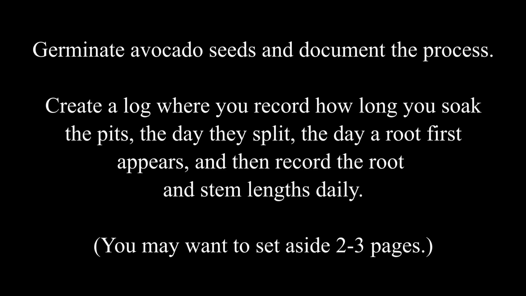The other journal activity that you can do is actually more of a little project. So germinate avocado seeds and document the process. Create a log where you record how long you soak the pits, the day they split, if you do that part, the day a root first appears, and then record the root and stem lengths daily. You may want to set aside a few pages for this. I do this all the time, and it's so fun.